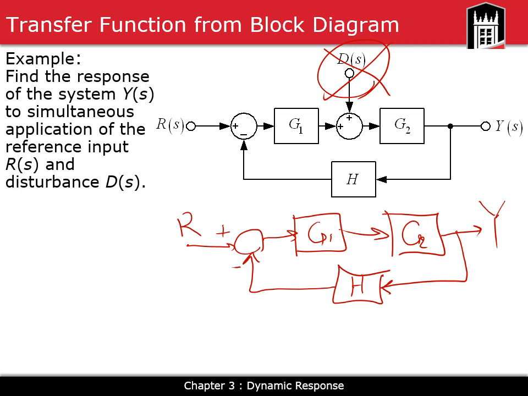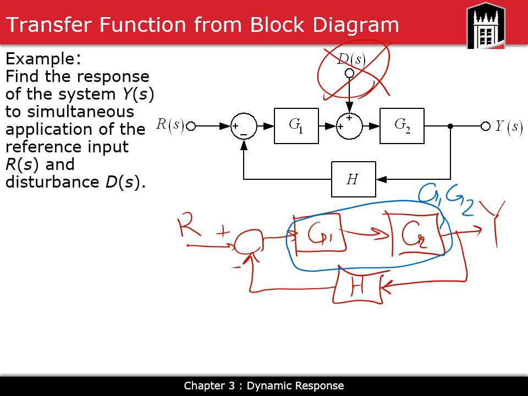The first thing we can do here is to combine the two blocks in series. G1 and G2 are in series now that D is not there anymore. So the combination is G1 times G2. Let's write that. G1 times G2, and then we have a negative feedback loop. The equivalent transfer function for that, as we saw before, was G over 1 plus GH, where G is the forward path transfer function, and H is the feedback path.